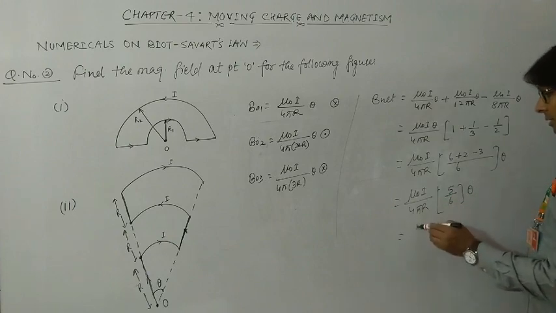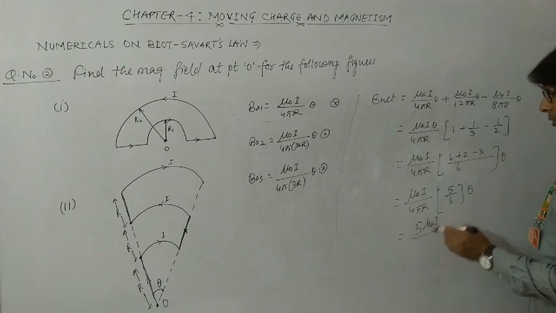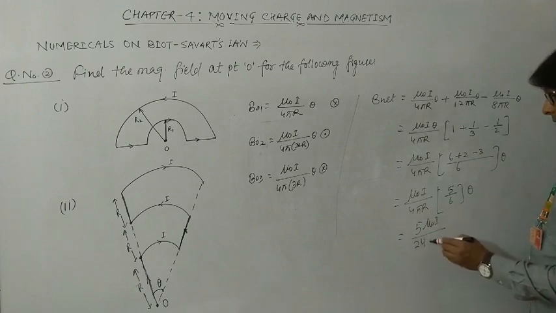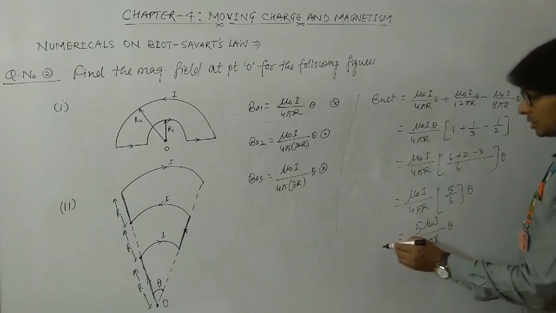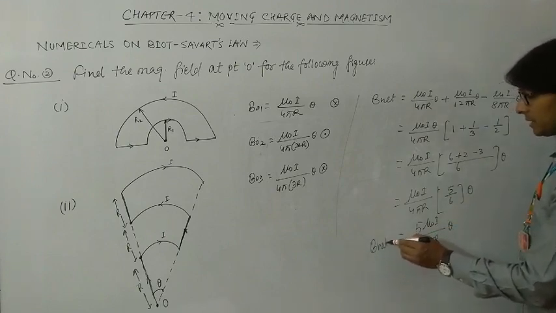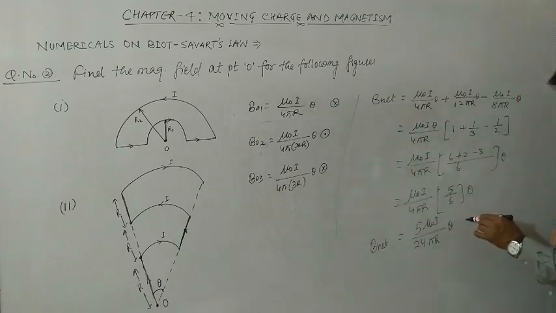So I can write it as 5 mu 0 I upon 24 pi r into theta. This will be the net magnetic field, and the direction will be perpendicularly inward.